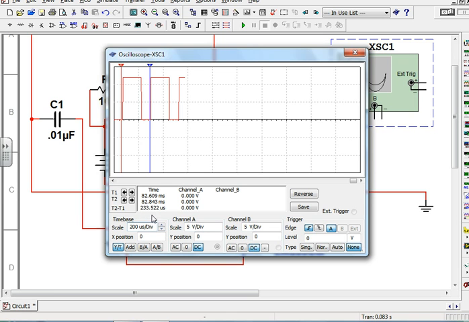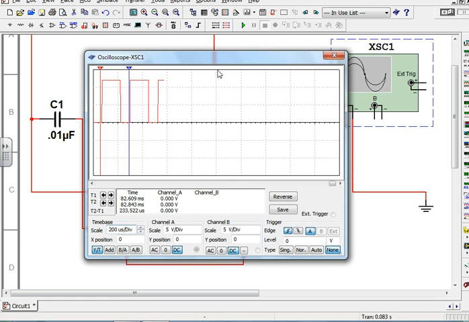So what's 233 microseconds? 1 divided by 233E-6 equals 4,300. So what did we say it is? 4,800. So if I could put these in the right spot, which I'm not sure why I can't.